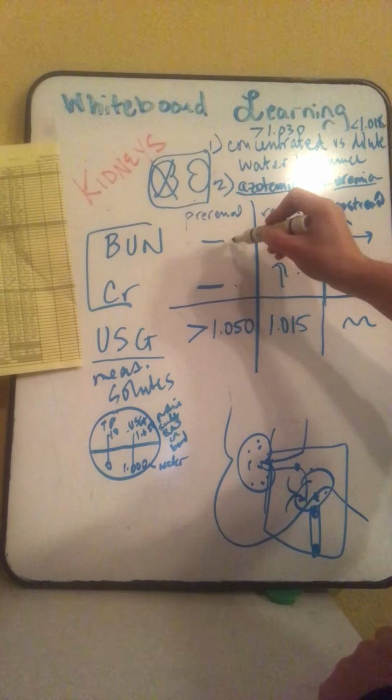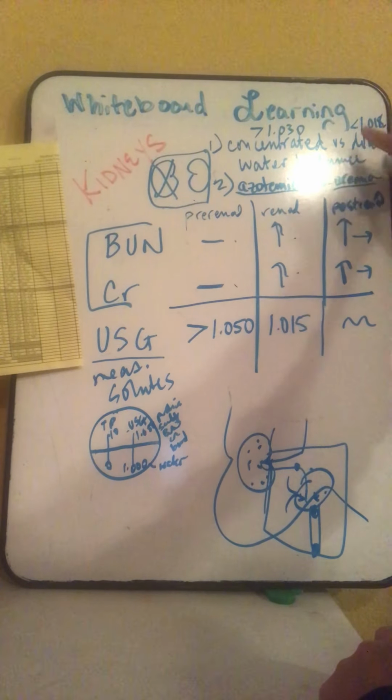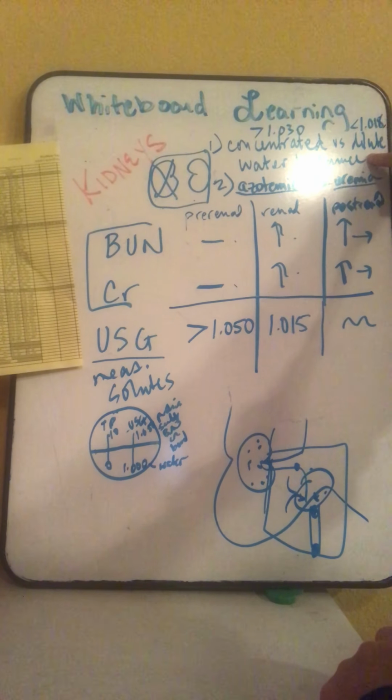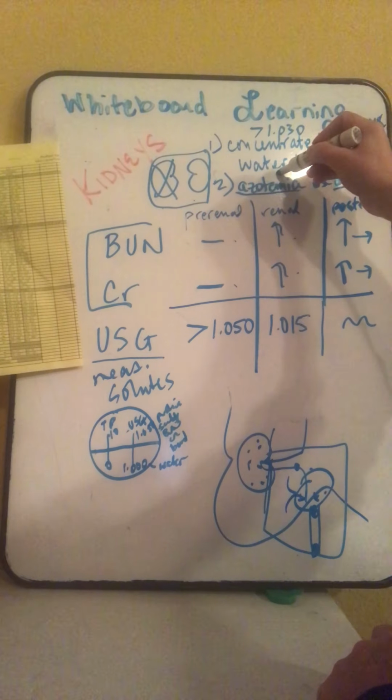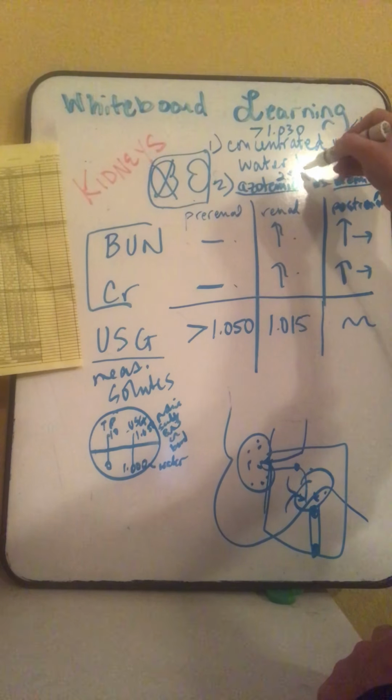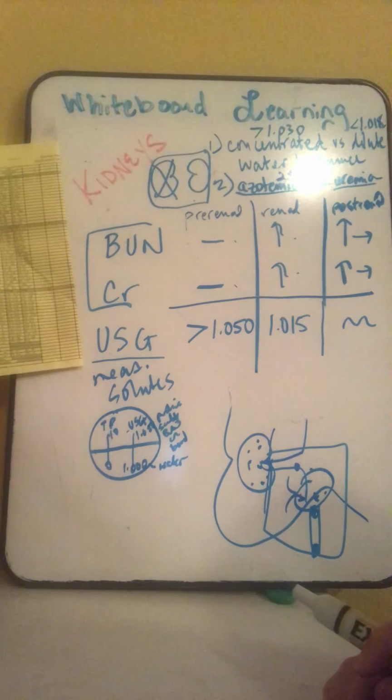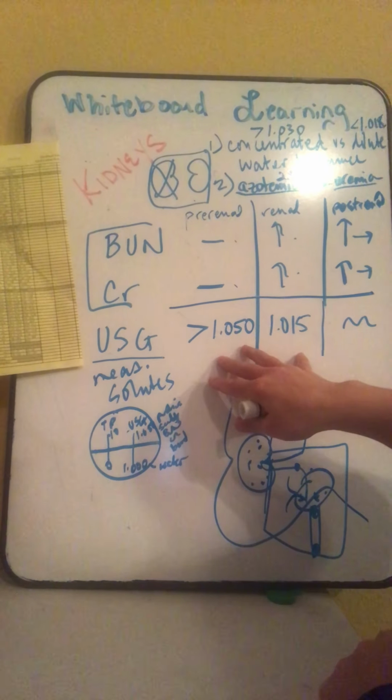Because many times you can have a first step of dilute urine, but azotemia, I didn't tell you guys this, happens when you only have about 25% of the kidney function left. So it's important to differentiate, am I starting with good kidneys or not?